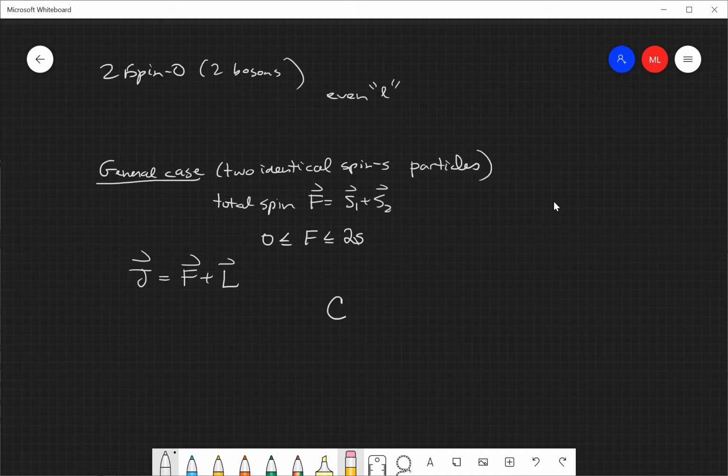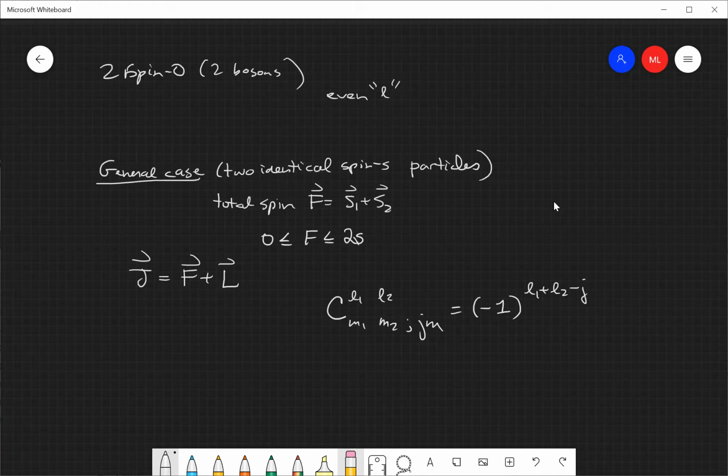Remember, if we have angular momentum states L1, M1 that we're adding together to L2, M2 to get a total angular momentum state J, M, these Clebsch-Gordan coefficients have a particular symmetry, namely that they pick up a minus sign under exchange of L1 and L2 and M1 and M2.